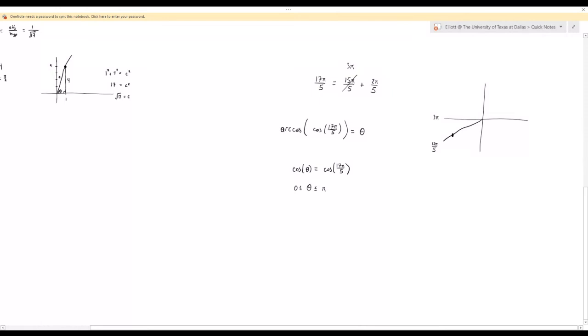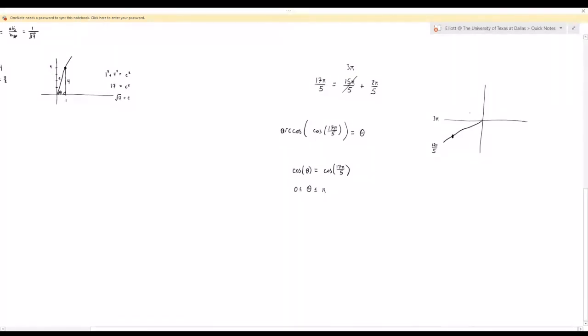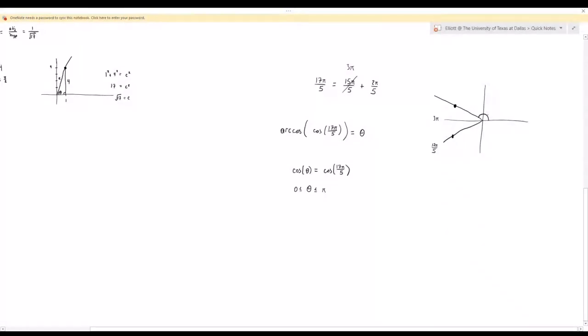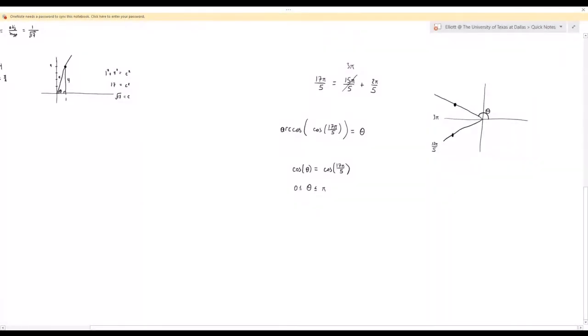So there's another angle in the second quadrant up here that would have the same x-coordinate. I want to think about what angle in the second quadrant will share the same x-coordinate as that point down there, okay?